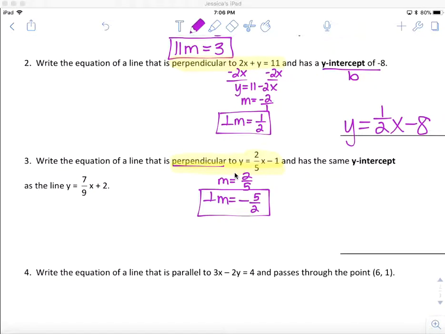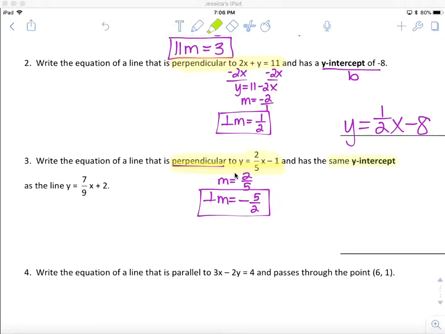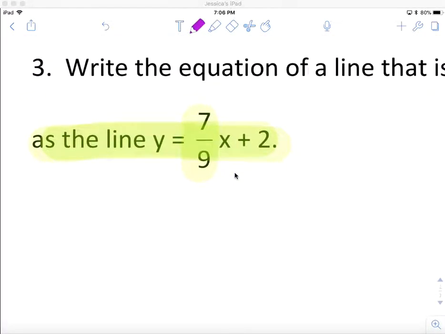Then it says that it has the same y-intercept as the line y equals 7 over 9x plus 2. You have to read super carefully on this. Same y-intercept as y equals 7 over 9x plus 2. The y-intercept is your b value.